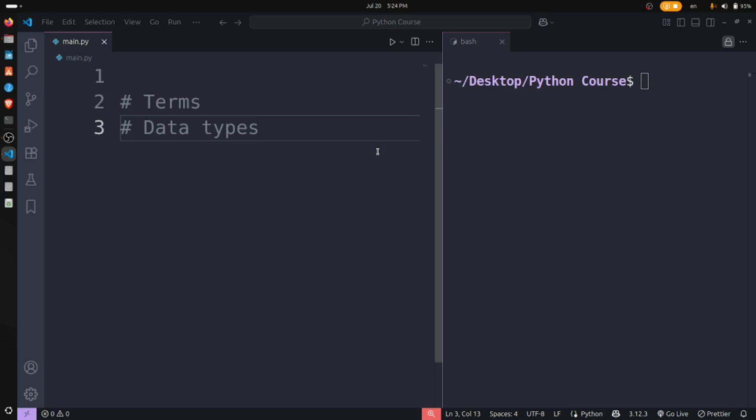Each language has different data types, including Python. So you have to understand this. You have to know each and every data type to use them, to understand, to solve your problems. So data types are to store information.